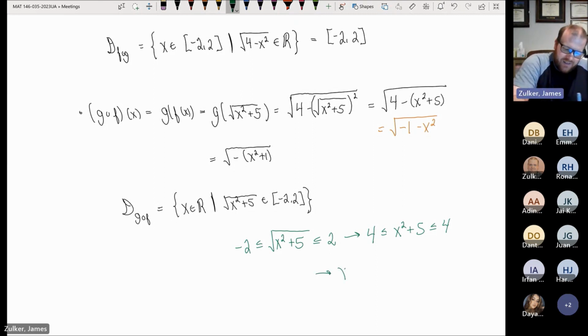This means that x squared plus 5 would have to equal 4.